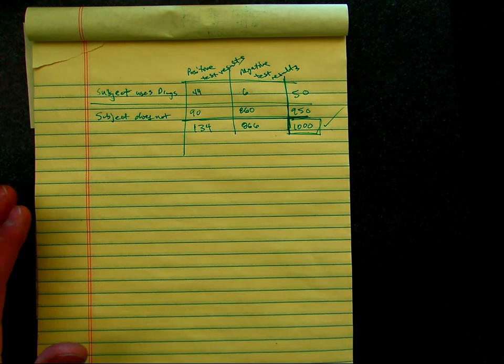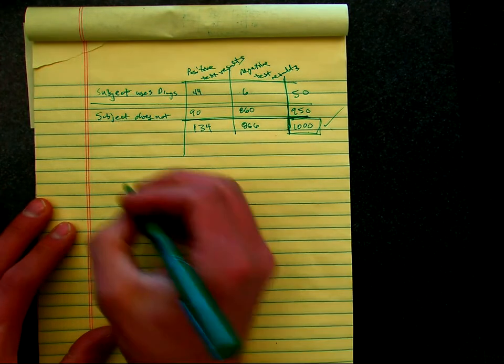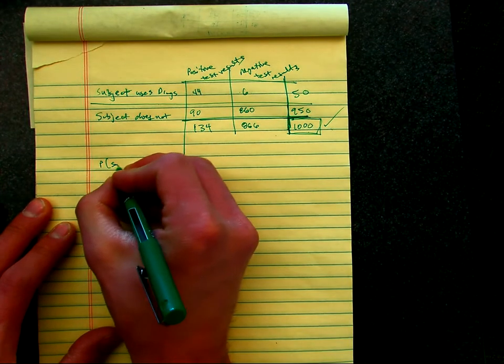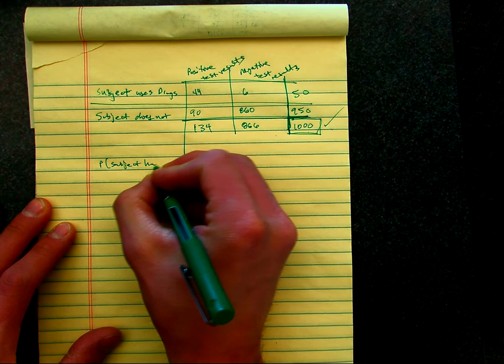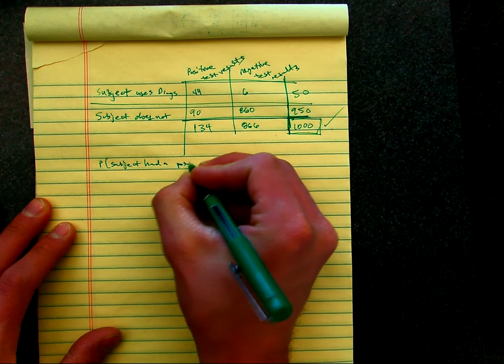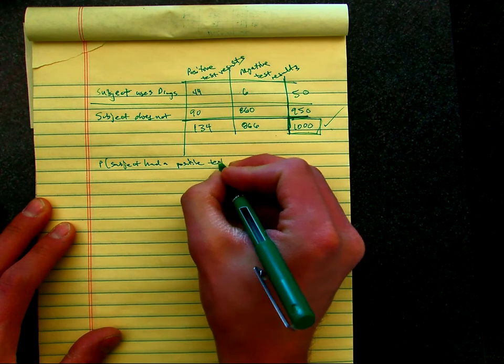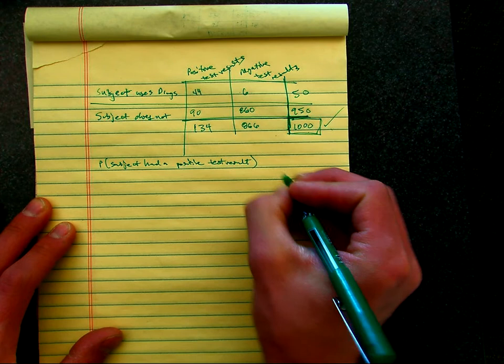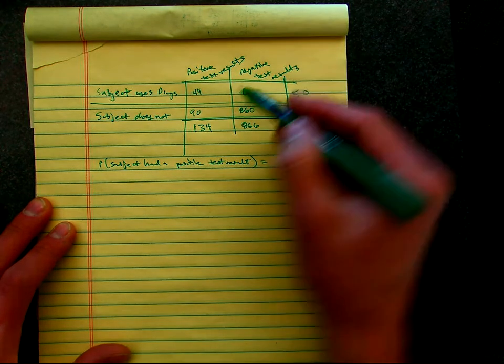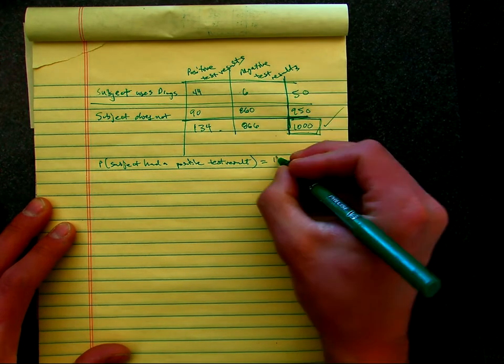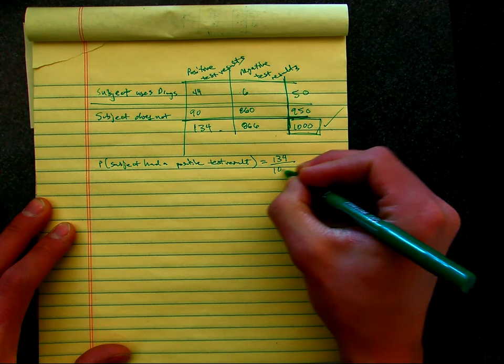Now, if I propose to you that the probability the subject had a positive test result, that's going to be equal to all the positive tests, which is 134 divided by the total of 1,000.